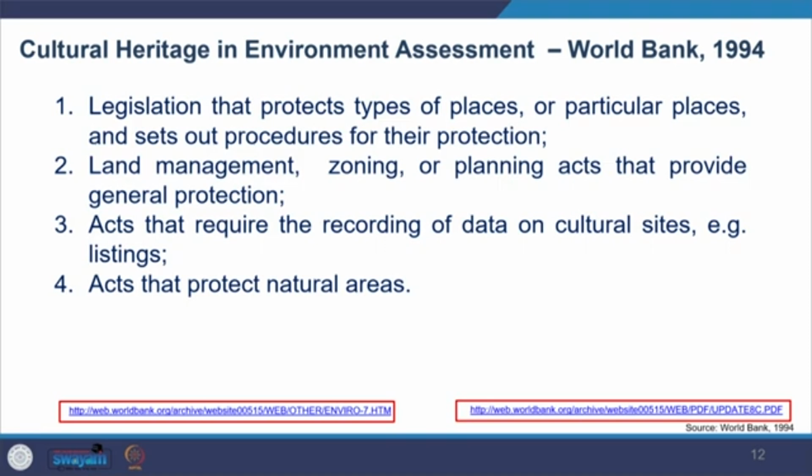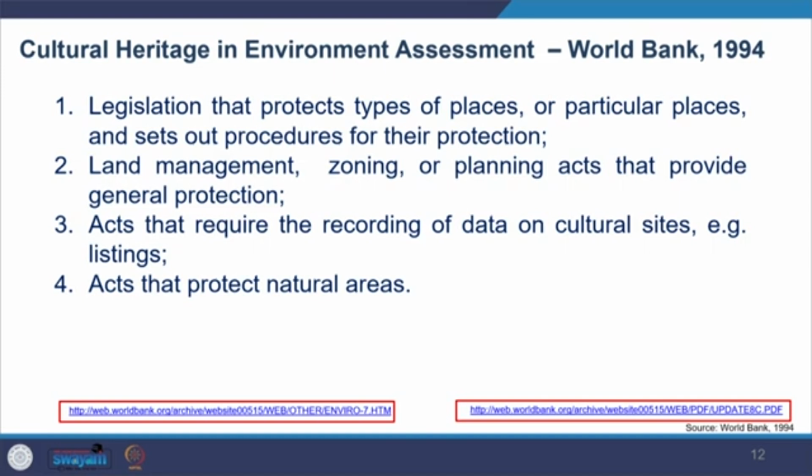Then there are land management, zoning or planning acts that provide general protection. So under land use, there might be a heritage zone or cultural zone which might be protected under the law.